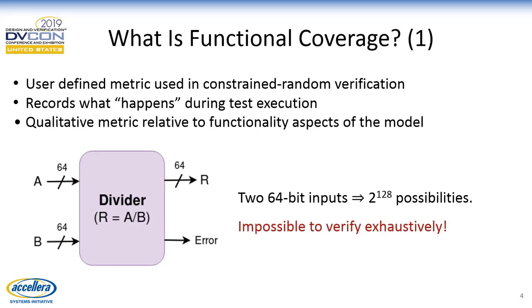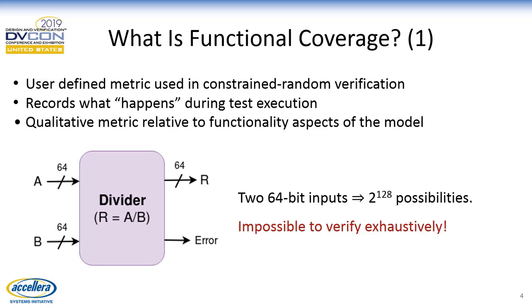So functional coverage, basically, is a notion that tells us what kind of functionality we have tested. This is what I mean by records what happens during test execution. It's a metric that is used in constrained random test benches. And what happens can be anything. It basically depends on what the verification engineer or the SystemC model architect would think of.